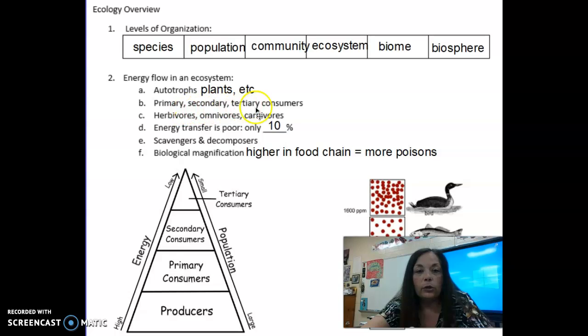And then the order of how we eat things is primary, secondary, tertiary consumers. Primary consumers are the first organisms to put food in their mouth, and those would be your herbivores. Your omnivores can eat both plants and animals, and then your carnivores eat strictly meat.